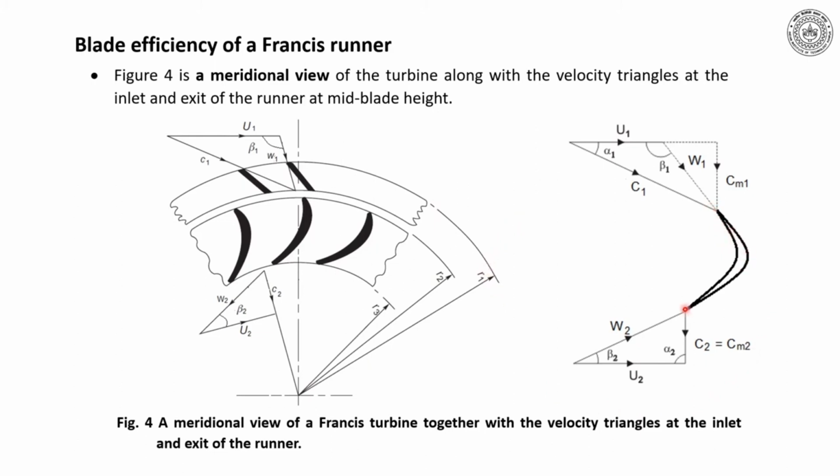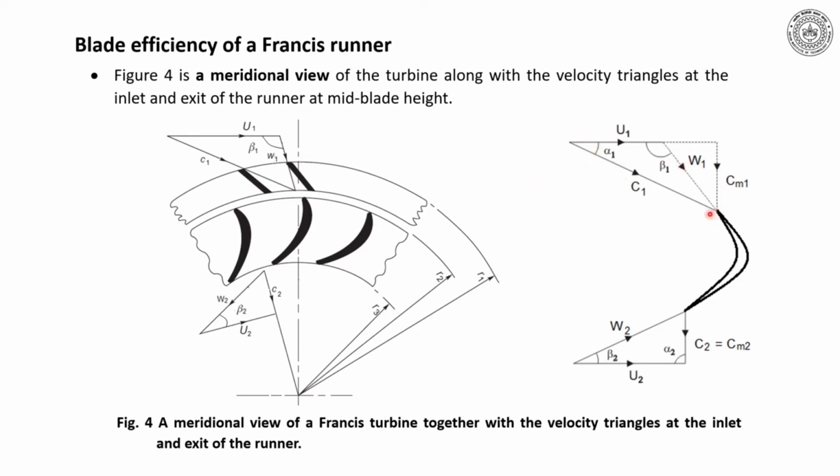I have taken a blade, which is the meridional section of the blade, and thus I have indicated here U1 plus W1 would be equal to C1, and beta 1 is the relative inlet angle, alpha 1 the absolute inlet angle.